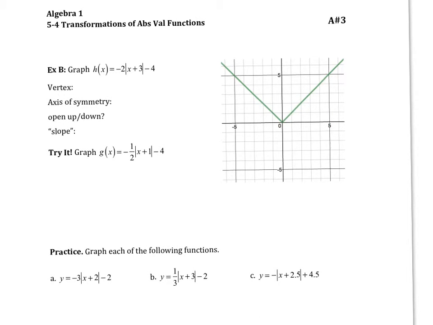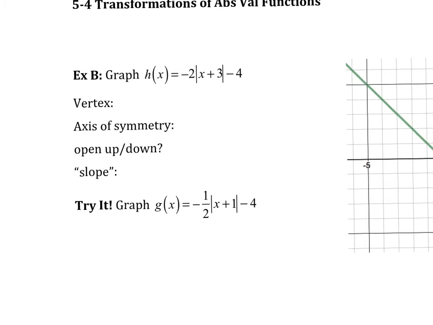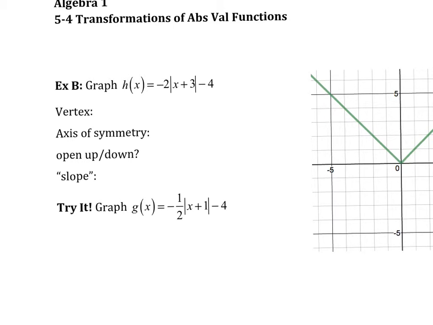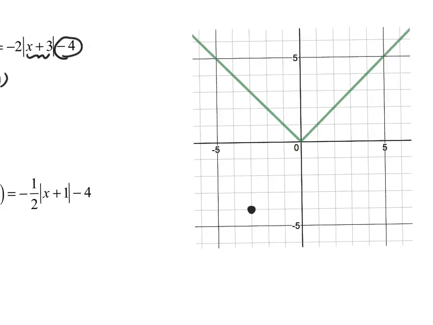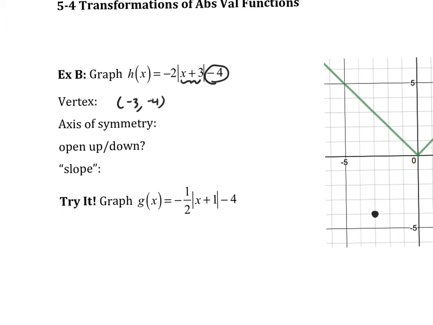All right, our vertex here, again, we need to go with what we see and what we don't see. Whatever the opposite is right there, I see a -3, and then this is exactly what I see, a -4. -3, -4, so I can actually graph that right now to be there. Okay, next. This tells me right here that it opens downward, and my axis of symmetry is going to be x equals -3.